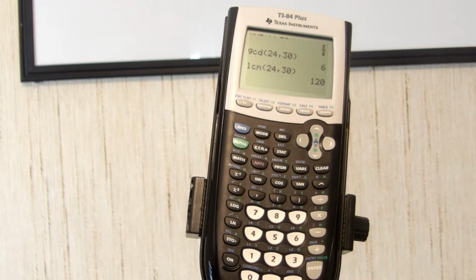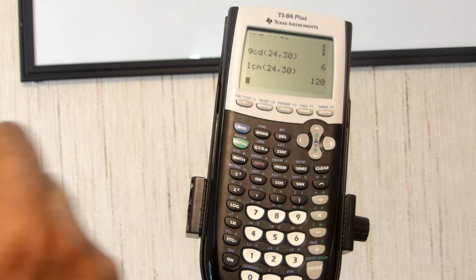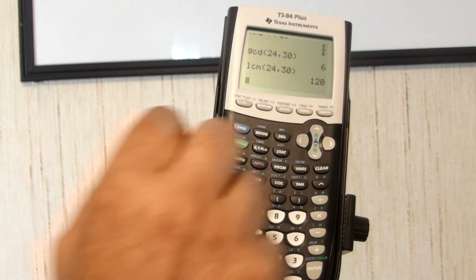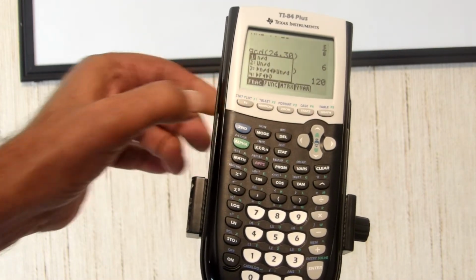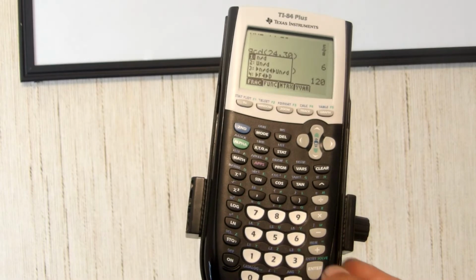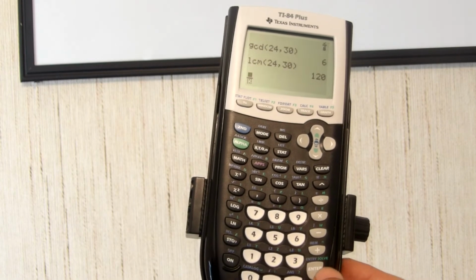Okay, now let's talk about the addition of fractions. So what you do, alpha, and then first one n over d, enter. We write these two.